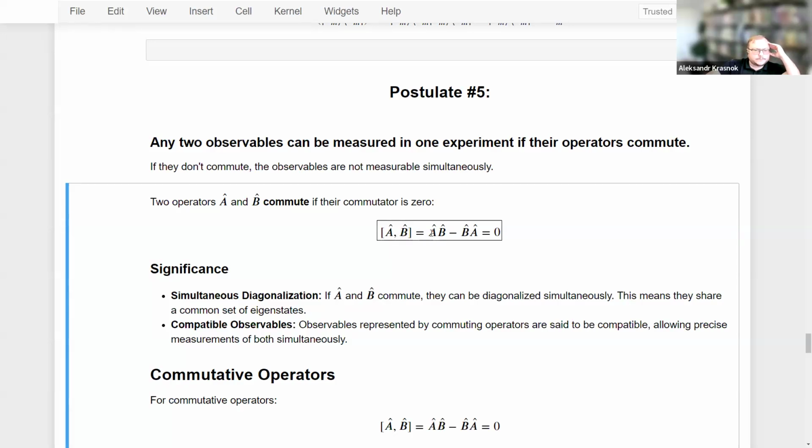It's nothing but the difference between the product of two operators taken in these two different ways, AB minus BA. So when this commutator is 0, the observables A and B can be measured in the same experiment.